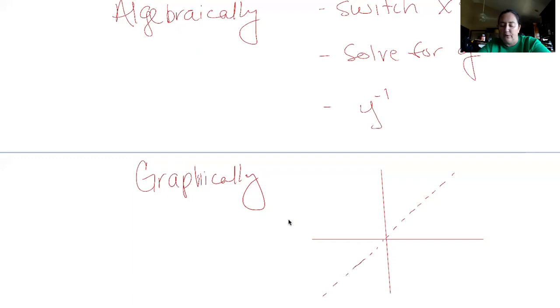So for instance, I could have a function that looks like this, and another function that looks like this. And those two functions, because they are symmetric over that line y equals x, would be considered inverse functions. Okay, so that's really what we're covering for this week.